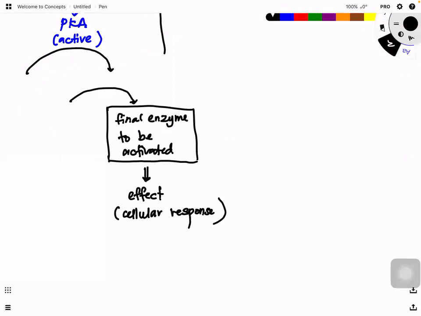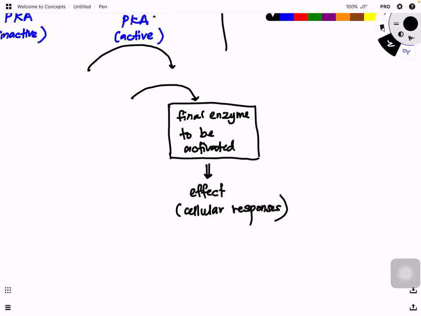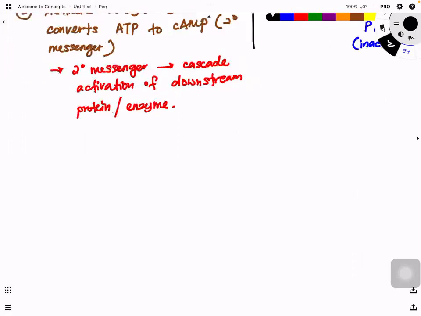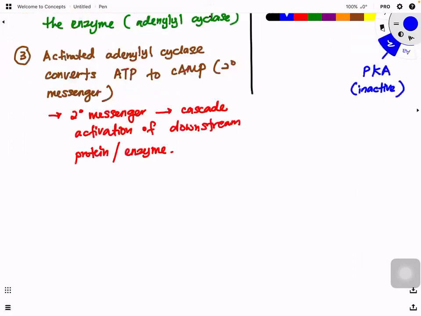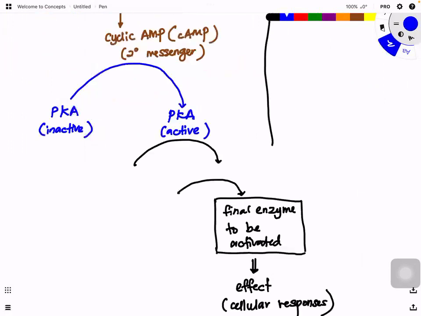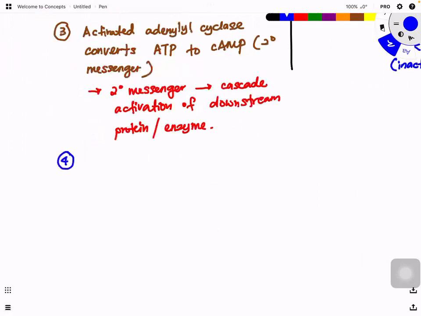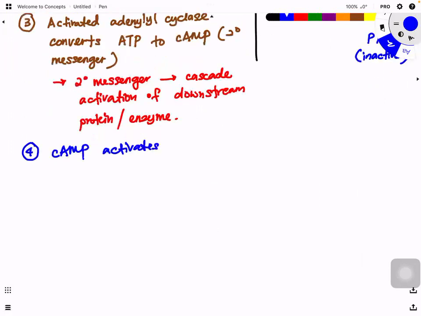Clear? Are you clear? So what is the function here? Now step number 4: cAMP now activates the protein kinase A.